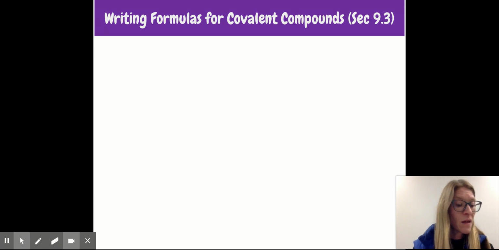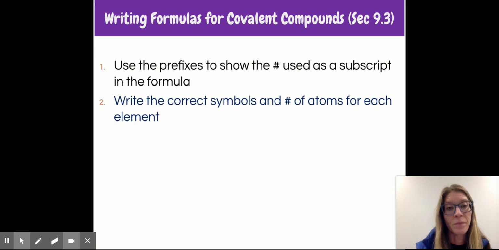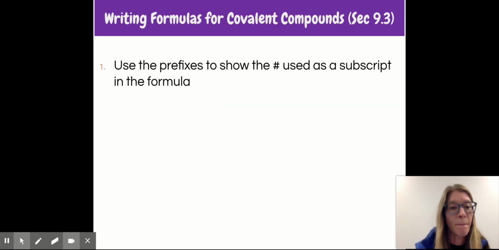So for covalent compounds, we don't have charges that we have to balance, so that makes it super easy. So you use the prefix to show the number of atoms used as a subscript in the formula. And I'll show you an example after we get done writing the rules.